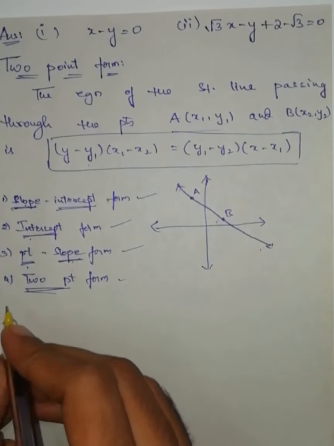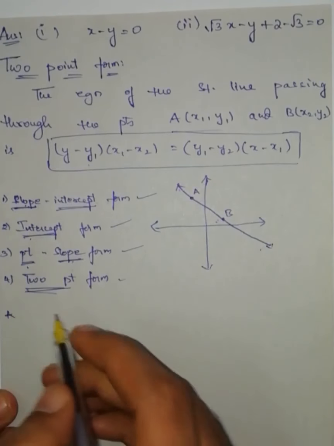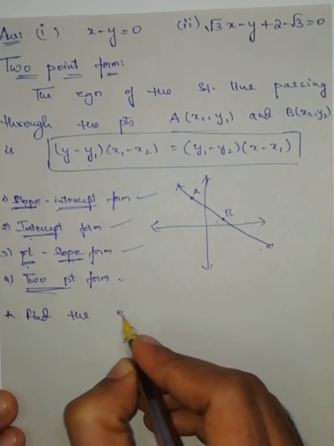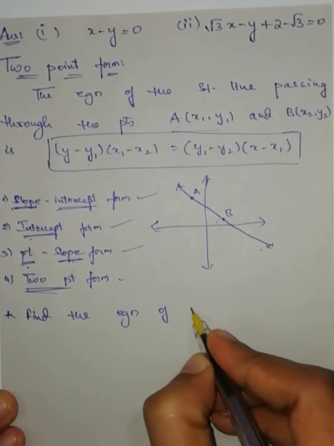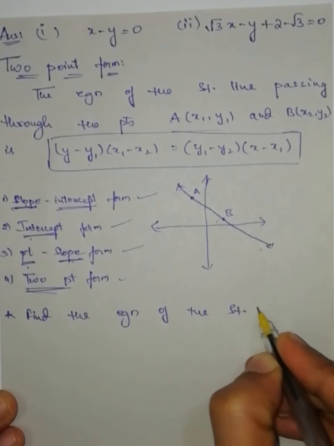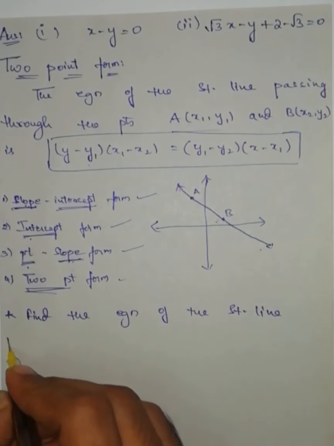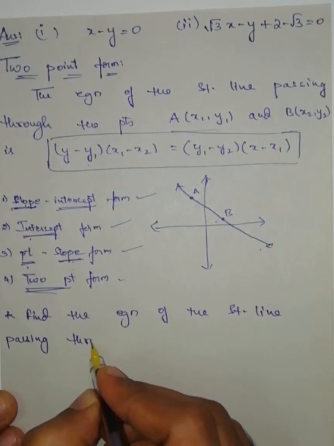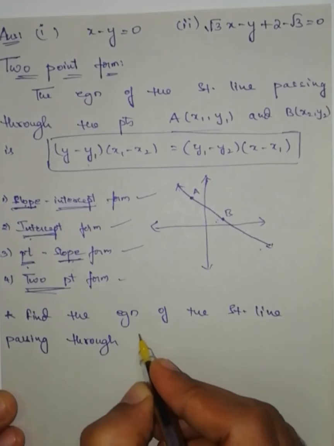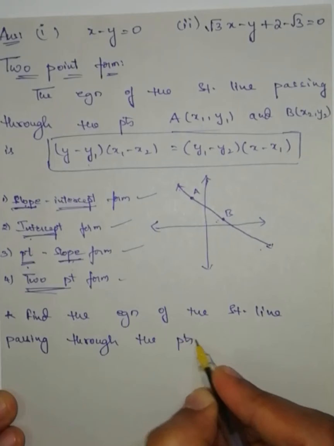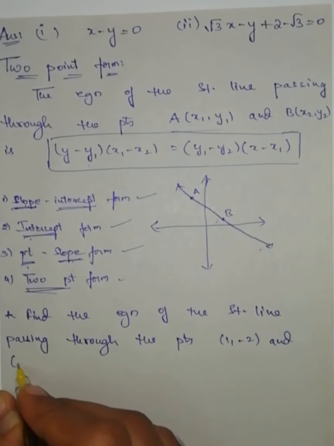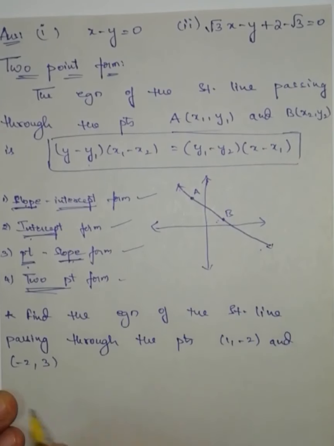Now let us discuss a problem. Find the equation of the straight line passing through the points 1 comma minus 2 and minus 2 comma 3.